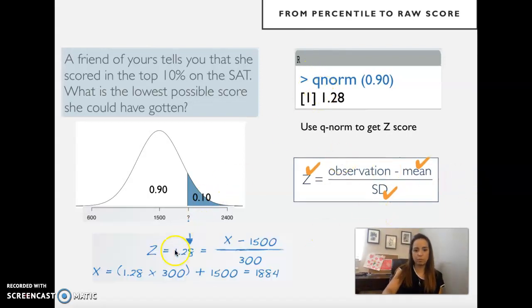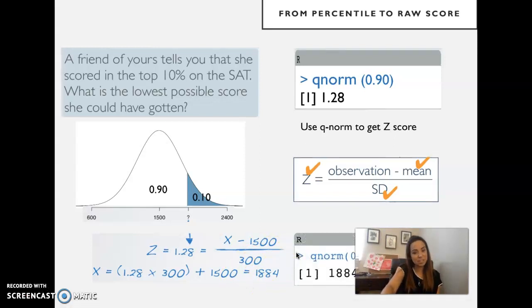You have the z-score equals 1.28, and that's equal to the unknown, the score that the person got, minus 1500, which is the mean of the SAT test takers, divided by 300, the standard deviation. By solving this equation, you know that her score was 1884, so greater than the score that Pam got.